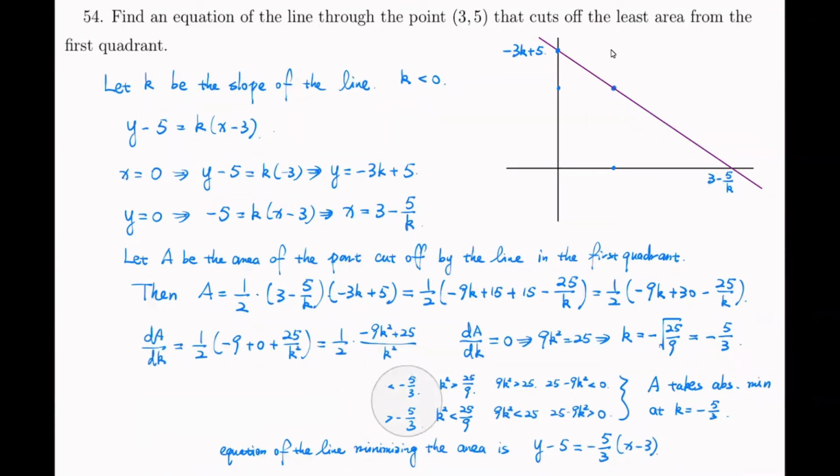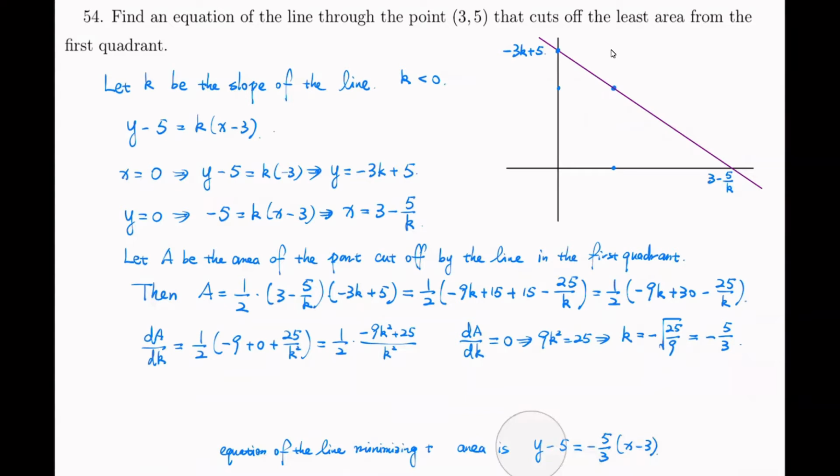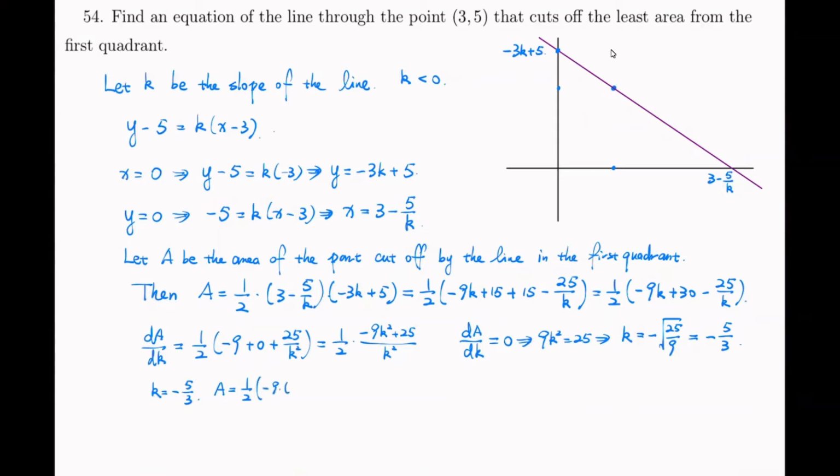Alternatively, you could just use a method similar to the closed interval method and look at the function values. So if k equals minus 5/3, you compute that A is going to be equal to 1/2 times minus 9 times minus 5/3 plus 30, and then minus 25 divided by k, that will be 25 divided by minus 5 times 3.